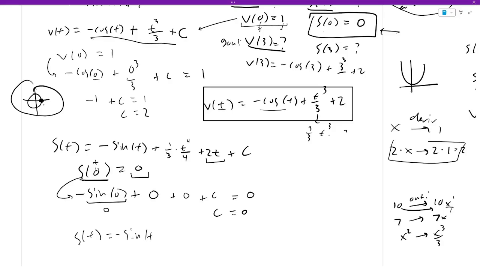So this is kind of cool, right? We started basically just with information about the acceleration and just a little bit of information about the starting position and the starting velocity. And that was enough information to get the entire position function.